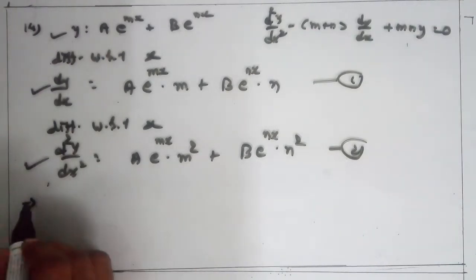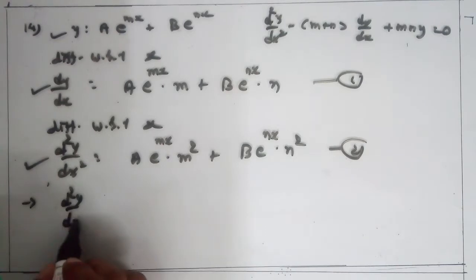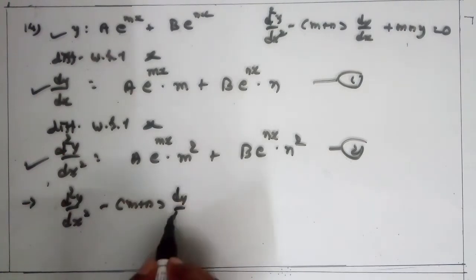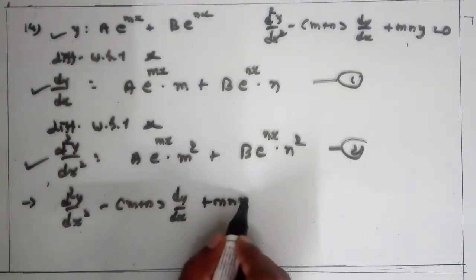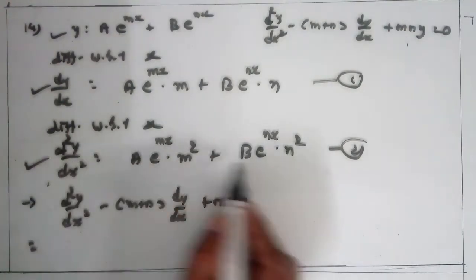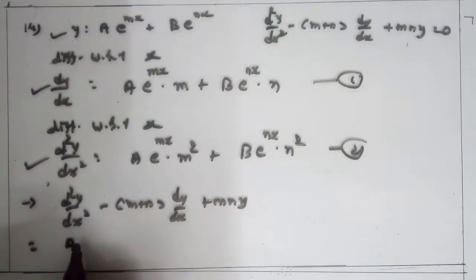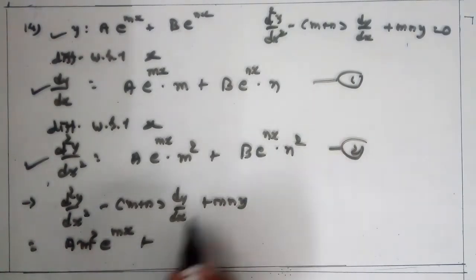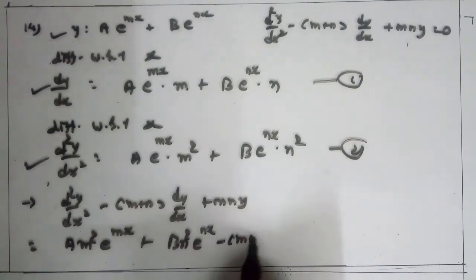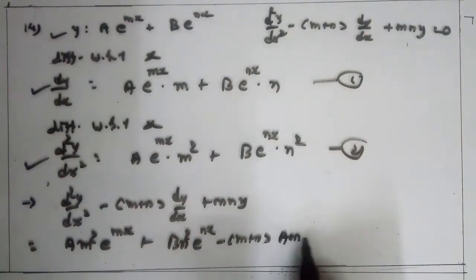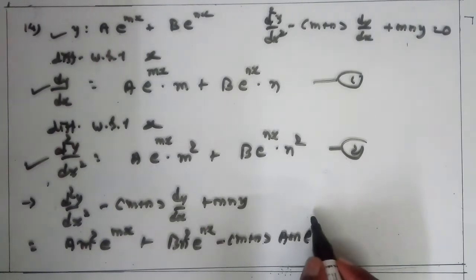So here d²y/dx² minus (m plus n) dy/dx plus m n y is equal to d²y/dx², which is, we know, a m² e^(mx) plus b n² e^(nx), minus (m plus n) dy/dx, which is equal to these terms, a m e^(mx).